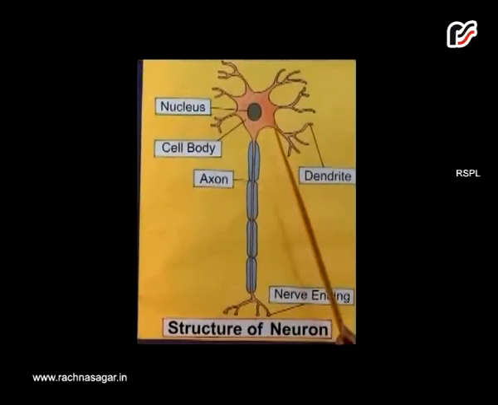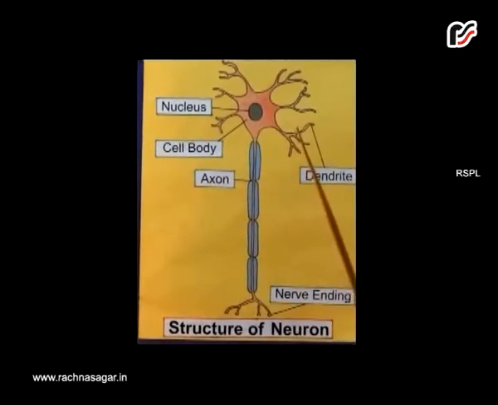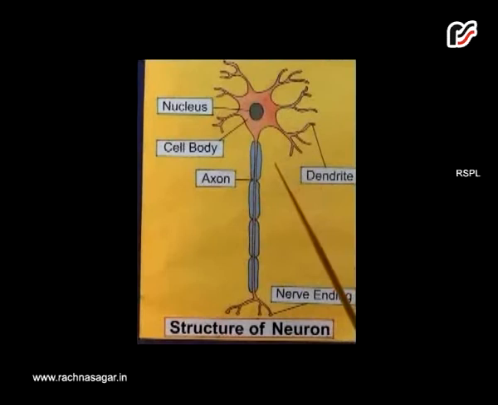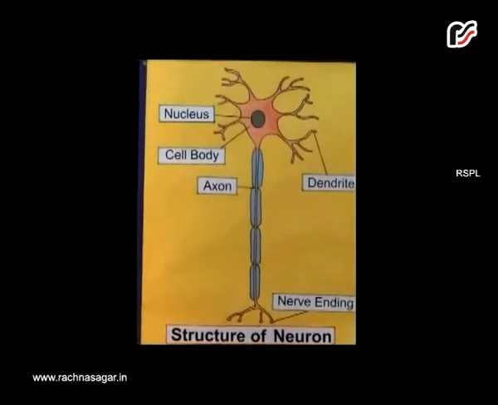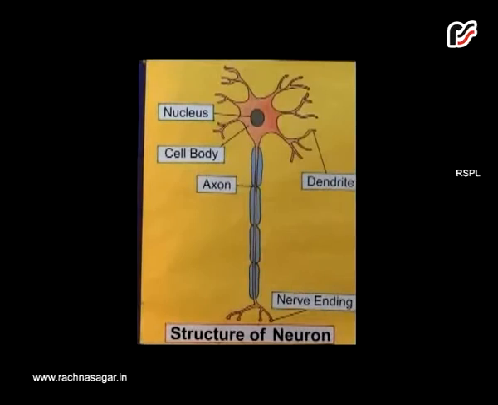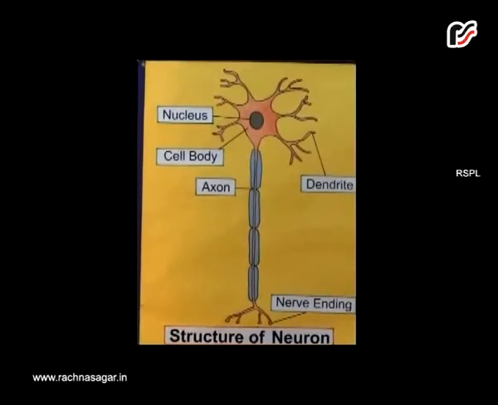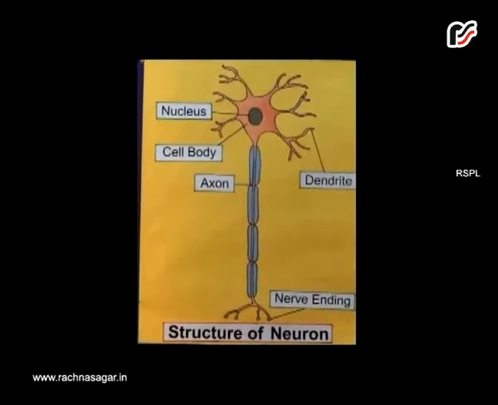Then numerous other cell organelles are found, just like in any other eukaryotic cells. So this is the structure of a neuron. The question arises, what is a neuron? As I have told you, it is the structural and functional unit of the nervous system.